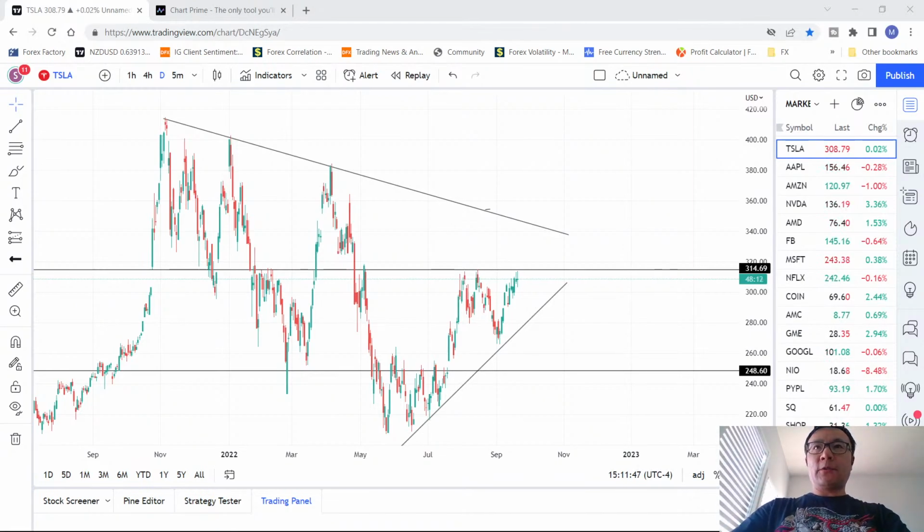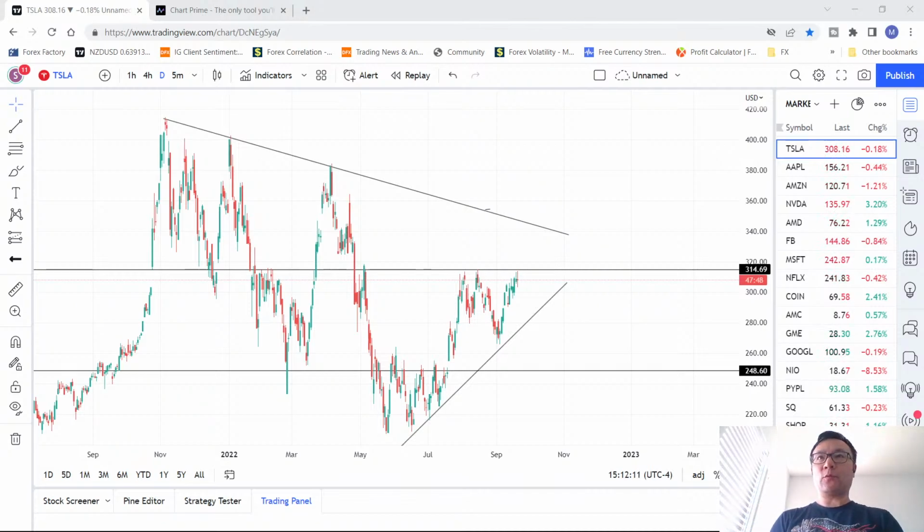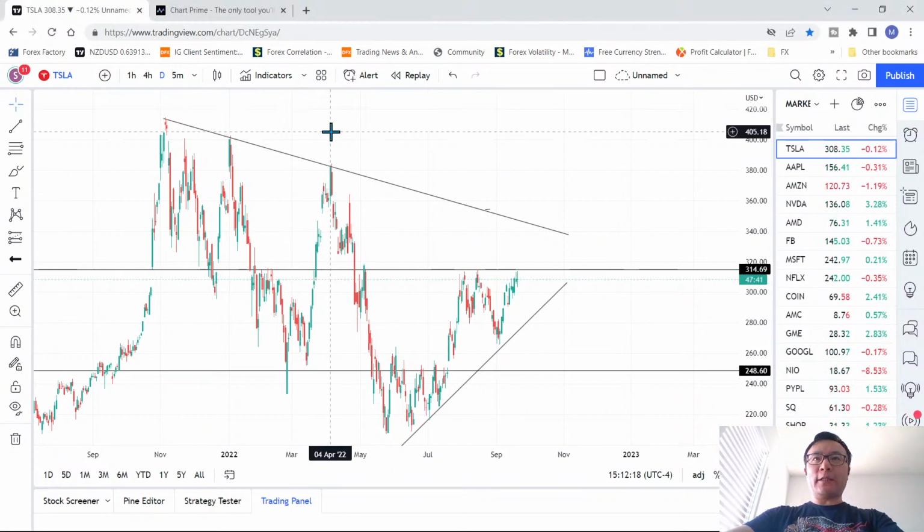If I am targeting 340 minus 315.50, that's about $24. So I'm risking about 12.50 to essentially make $24. It's about a 2-to-1 risk to reward ratio. It's not great, but it's okay.